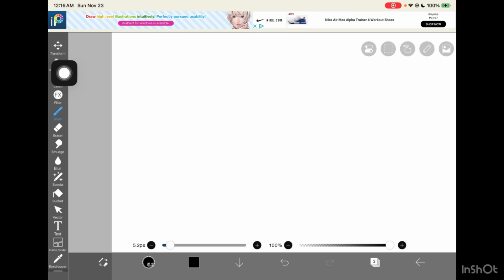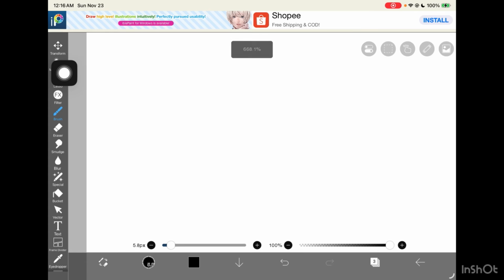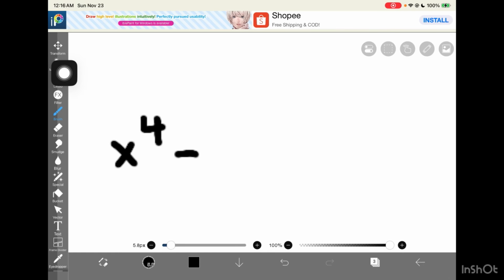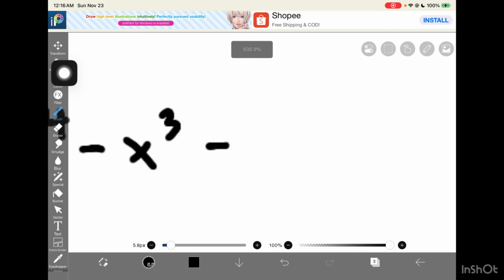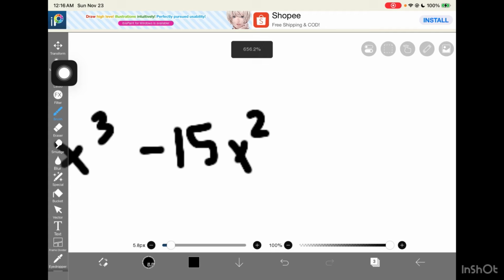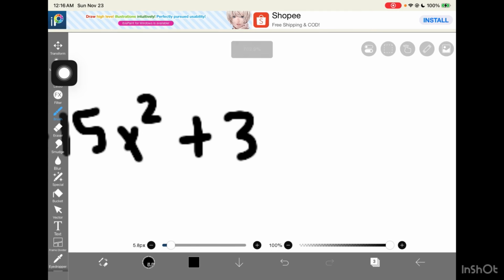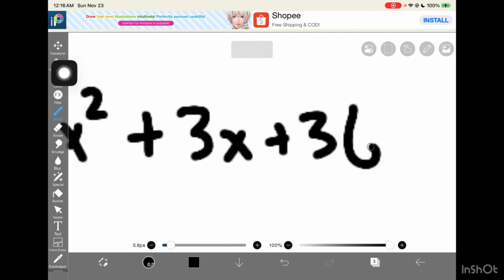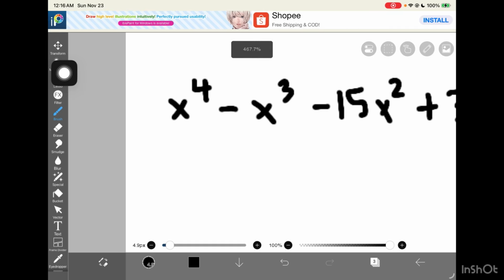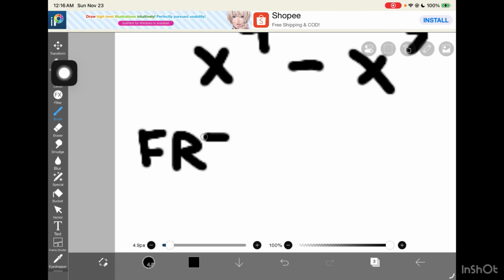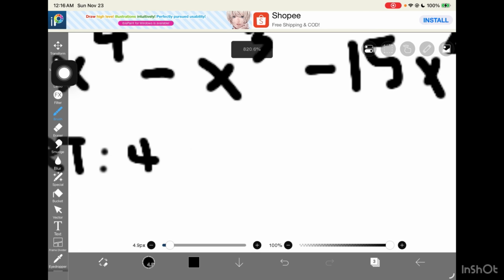Okay, so I have another example here. So let's try to use the polynomial equation x raised to 4 minus x raised to 3 minus 15x squared plus 3x plus 36. So by FTA, we have 4 roots.